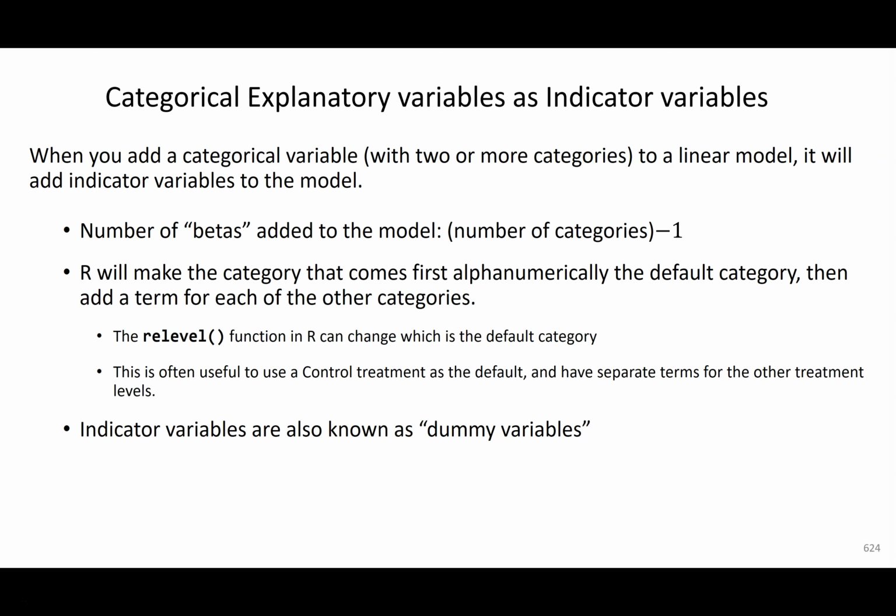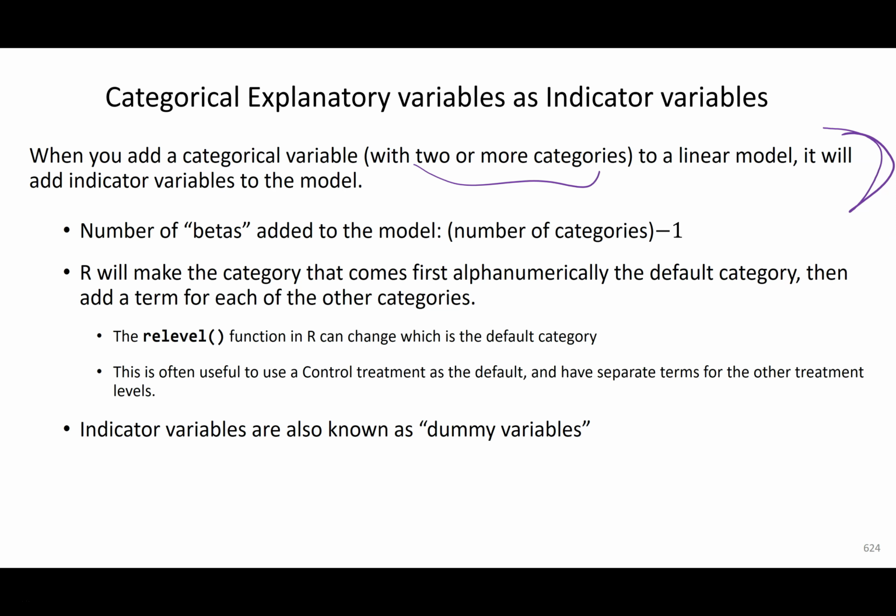Okay, welcome back. So we're going to go through the scenario where we have a categorical explanatory variable, especially one that has more than two categories, and how they appear as indicator variables in our multiple linear regression scenario. So here, if you add a categorical variable to your model that has two or more categories, things to consider: how many terms it's going to add to the model.